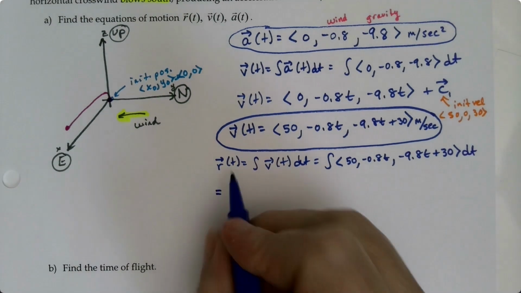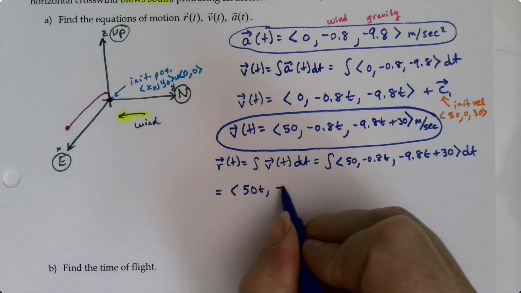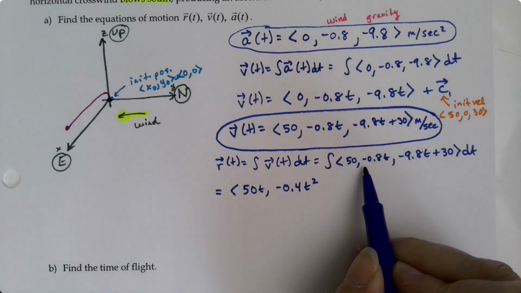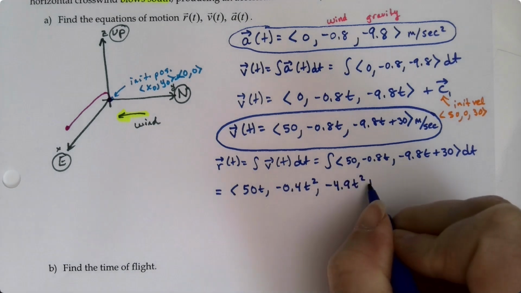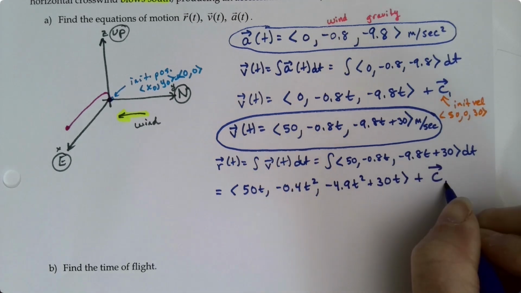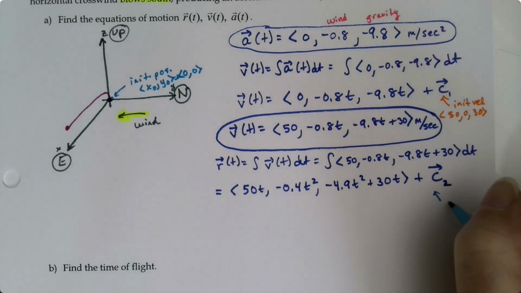That will get us 50t, negative 0.4 t squared, because we would add 1 to the power and divide by that new power, and then negative 4.9 t squared plus 30t, and then plus a constant vector, but that constant vector would be our initial position.